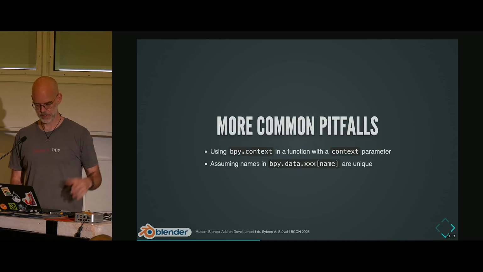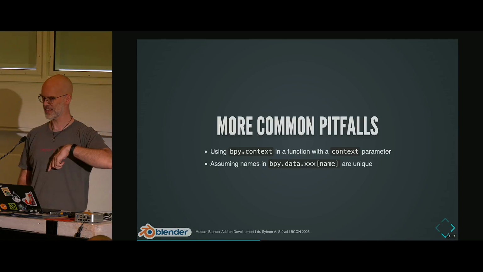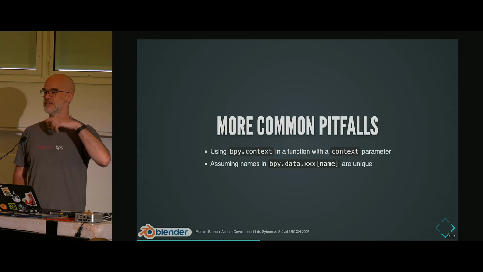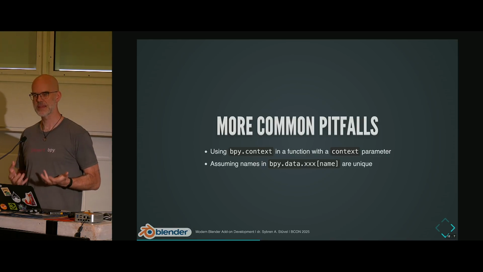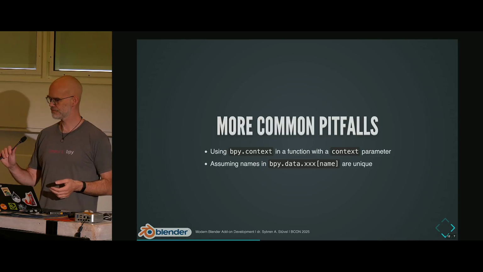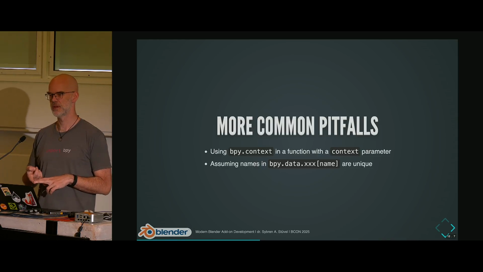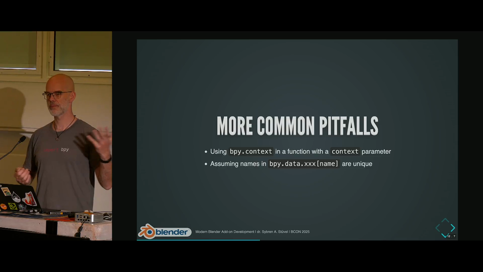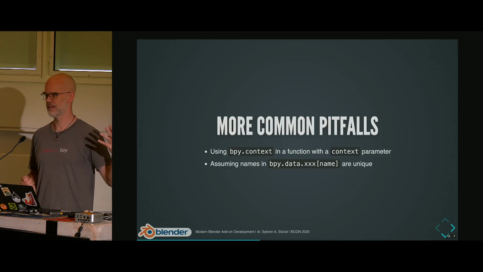Another common pitfall is using bpy.context when you get a parameter that's context. Often enough it's safe, often enough it's fine, which is the tricky thing because it works. But especially for things like the application handlers, where, for example, you have an on frame change post handler, that gets a context parameter.